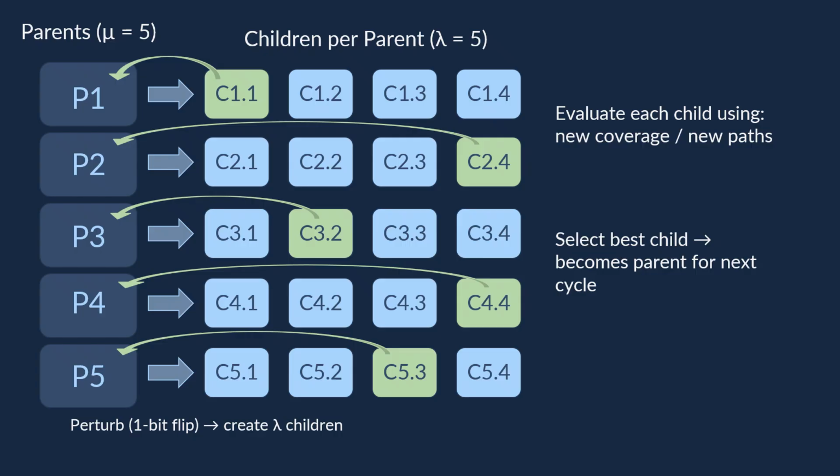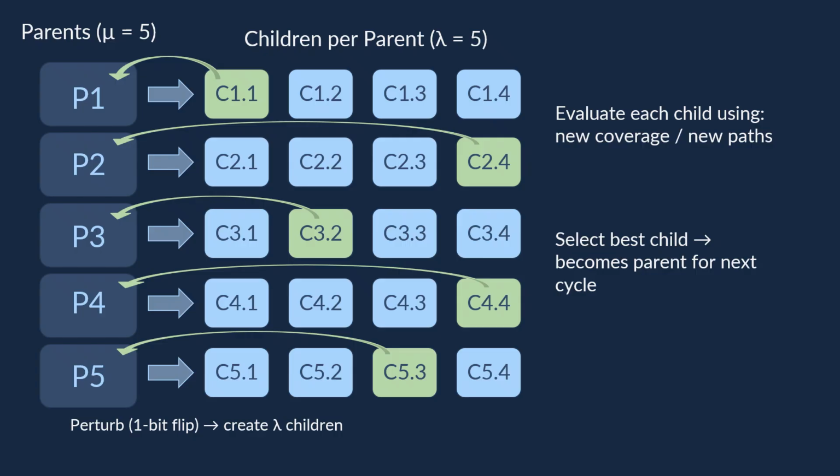So for each parent, you test each child and then pick the best performing child based on code coverage, and then the best child replaces the parent for the next cycle. And so you can see how over time this process continues and repeats over and over again.